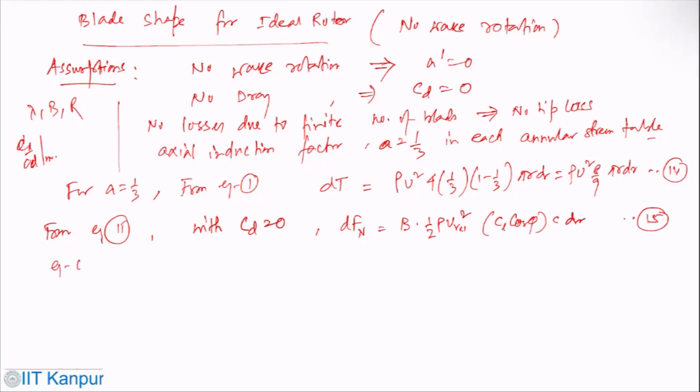Equation 6 can be used to express U relative in terms of known variables. From there we can write U relative equals U into 1 minus a by sine phi, which is 2U by 3 sine phi.